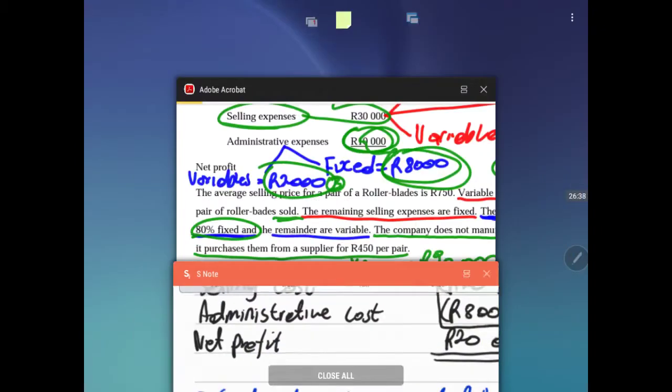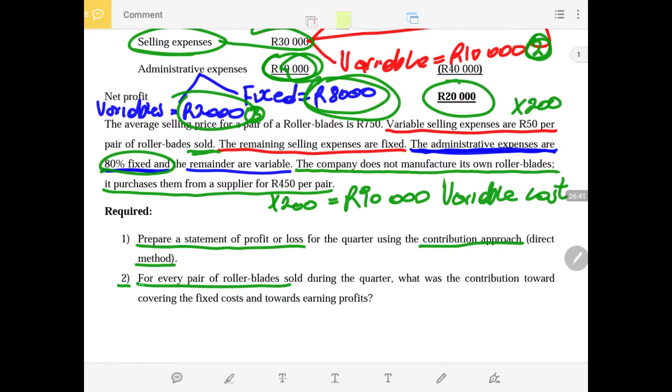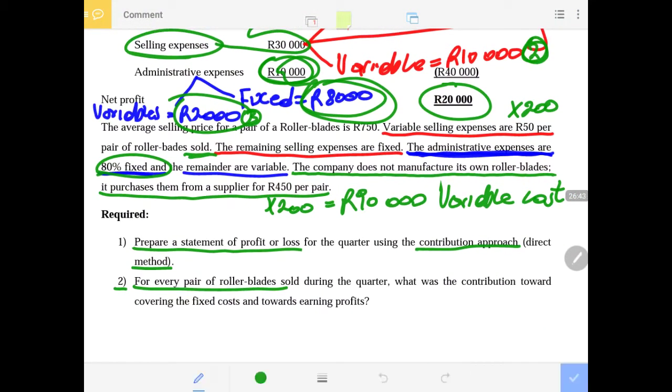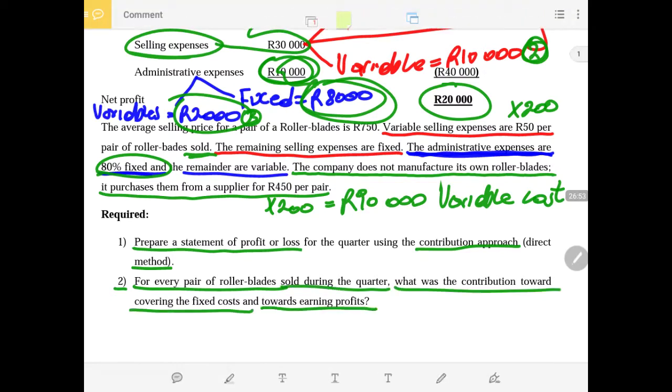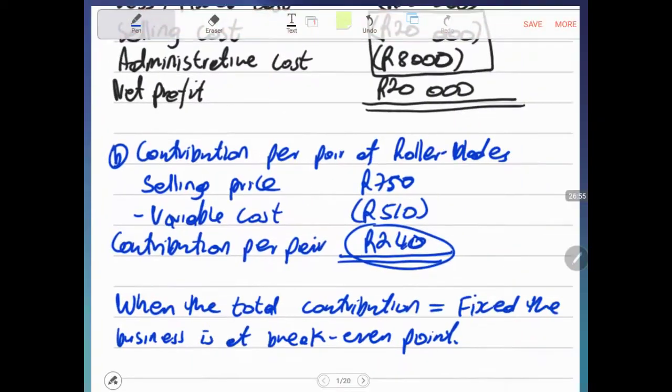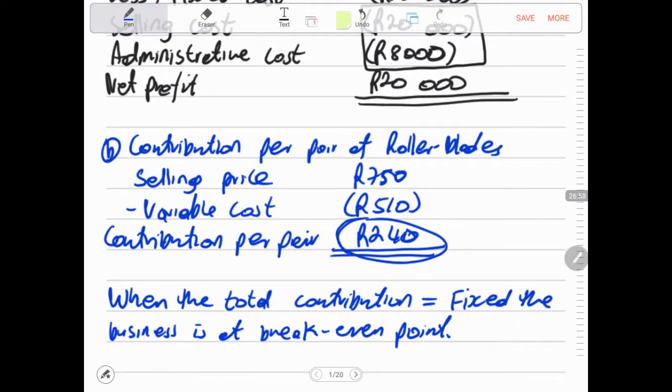So that was in response to the second question, where they said for every pair of roller blades sold during the quarter, what was the contribution towards covering fixed cost and towards earning the profit? When they say towards earning the profit, it means when this 240 for every pair of roller blades we sell equals fixed cost, the company will be at the break-even point.